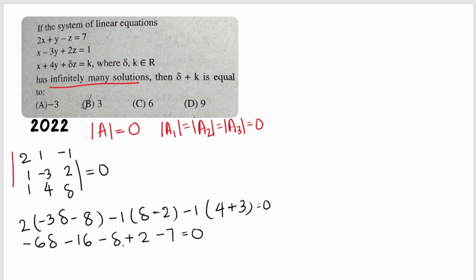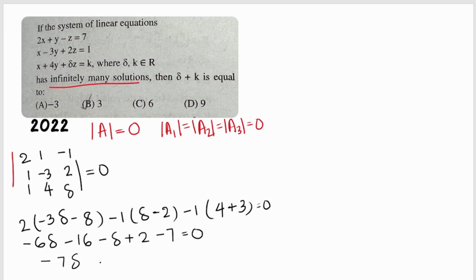Minus 6 dou and minus dou, you will get minus 7 dou. Then you have minus 16 plus 2 minus 7.